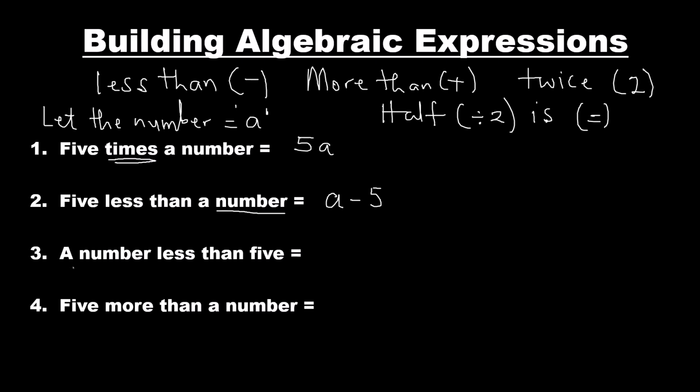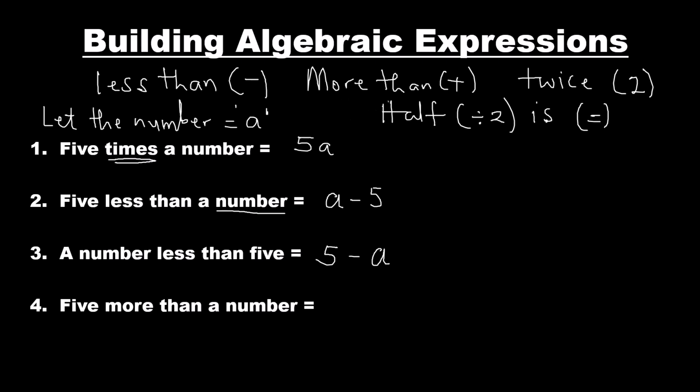But if we move to number 3, a number less than 5, then 5 will come first, minus the number, which is A. These two statements are different. Number 2 and number 3 are not the same. 5 less than a number is A minus 5, the number minus 5. A number less than 5 will be 5 minus the number. Get this cleared out.